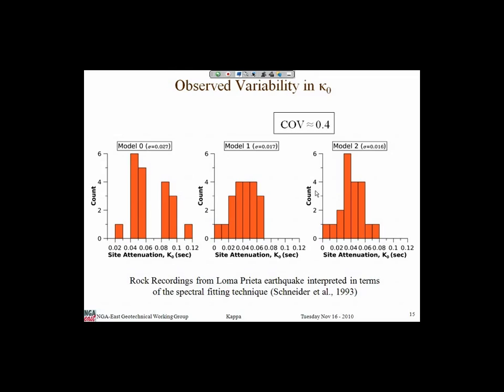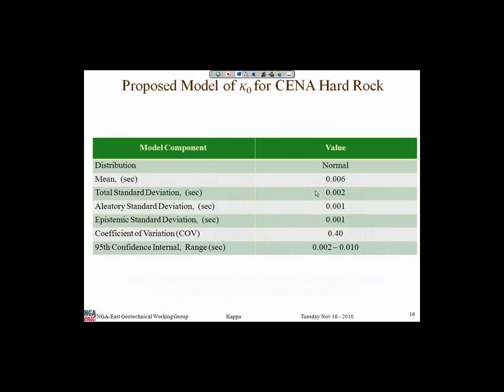The sigmas, basically it comes up with a coefficient of variation of about 0.4. So what I'm thinking is, and this is kind of a leap of faith here, but if we can assume that the COV is relatively constant, then we can move that COV to our estimate for hard rock, and then I propose this model. So this is just a proposal at this point.